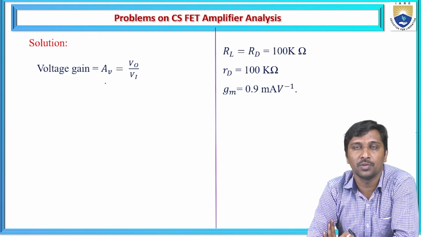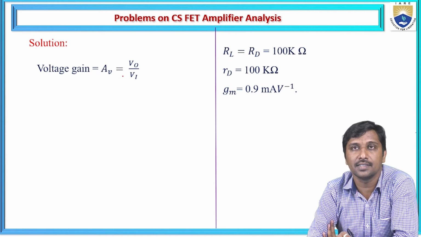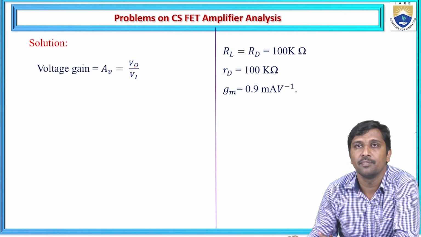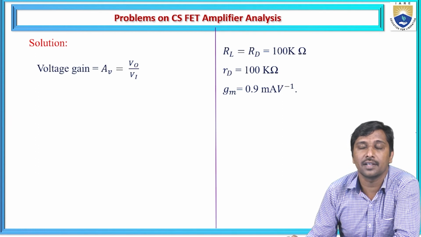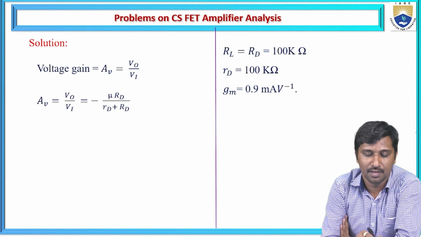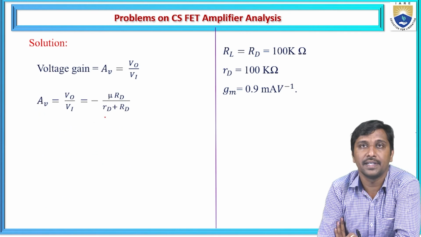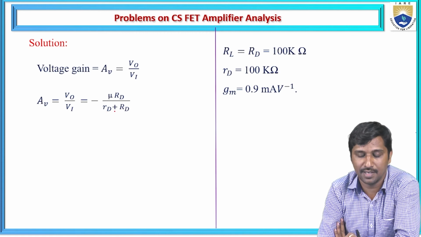Generally we know that the voltage gain is defined as the ratio of output voltage to input voltage. Based on the small signal model, for the common source amplifier, the voltage gain is represented as minus mu times capital RD by small rd plus capital RD.